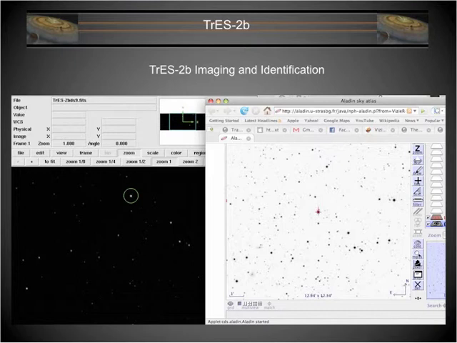On the left, that's an image from my data. On the right is a sky map, which allowed me to identify which star was Trace 2b. And so that is indicated with a red cross on the right sky atlas. And on the left image, I have it circled, identifying this as the same star.